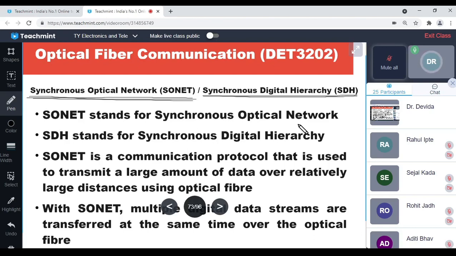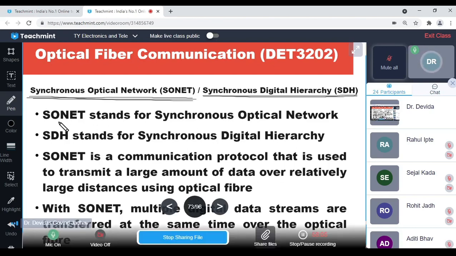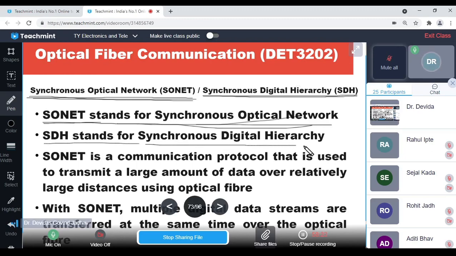So SONET stands for synchronous optical network, and SDH stands for synchronous digital hierarchy, as we have just seen.